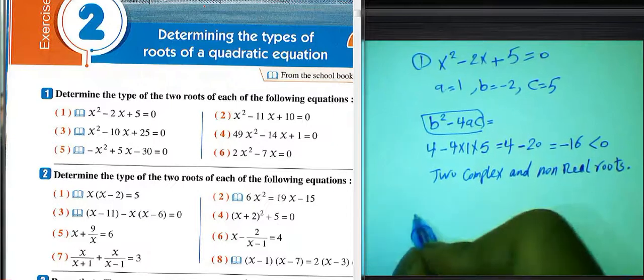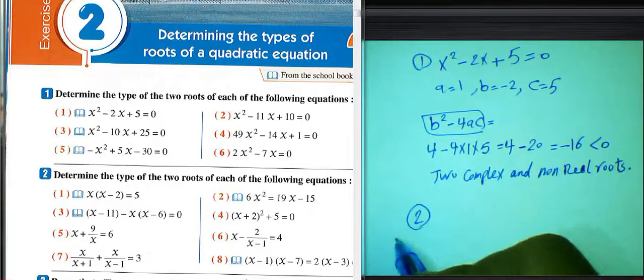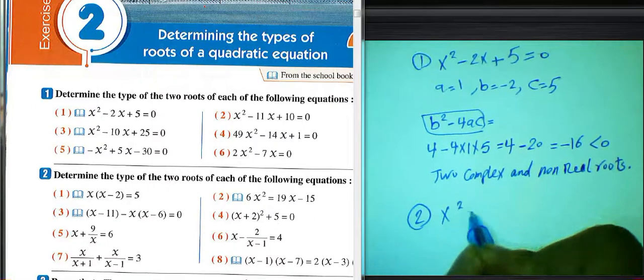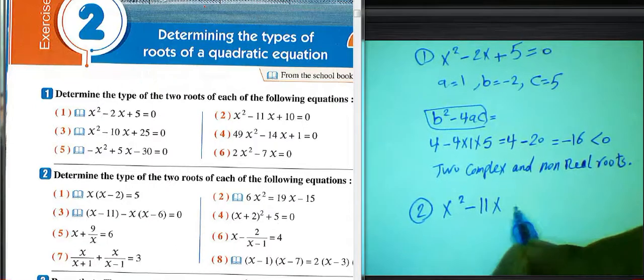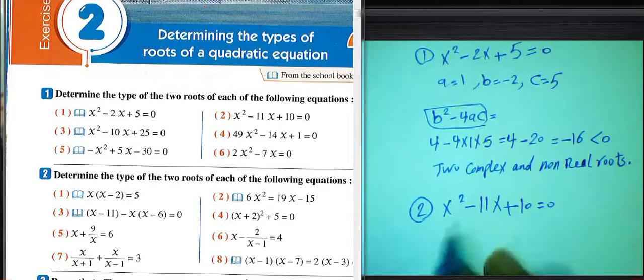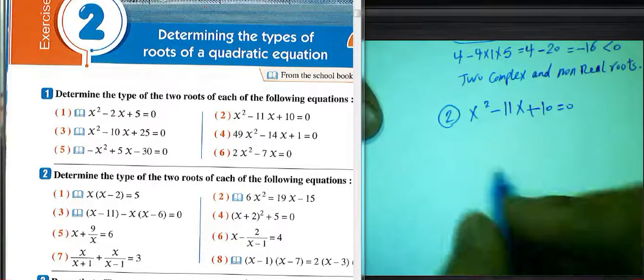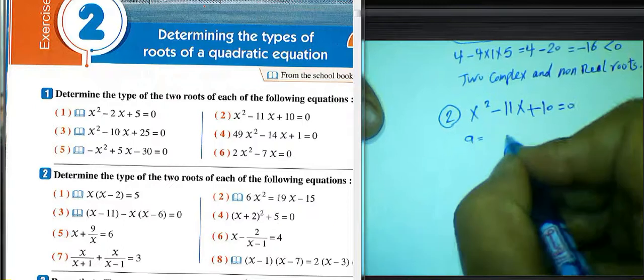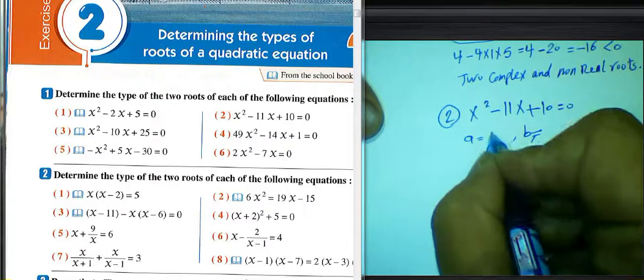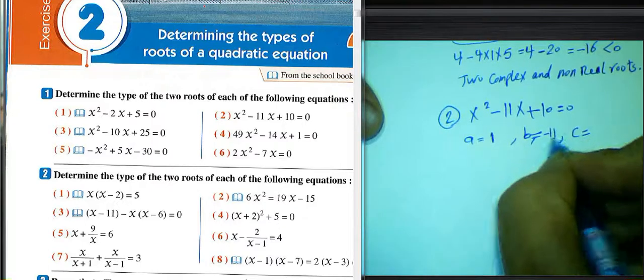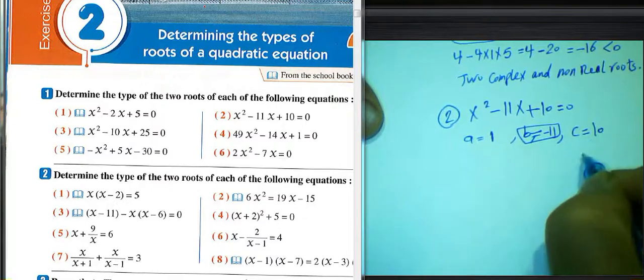Number 2, x power 2 subtract 11x plus 10 equals 0. First, we have a and b and c. a equals 1, b equals negative 11, c equals 10.